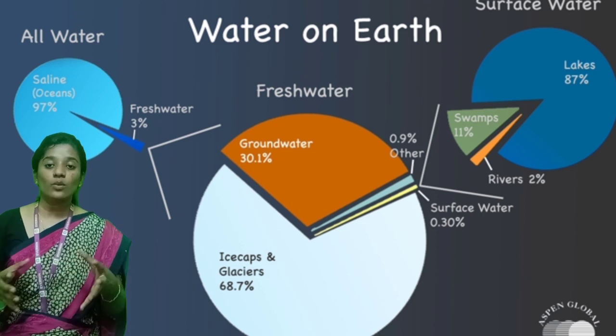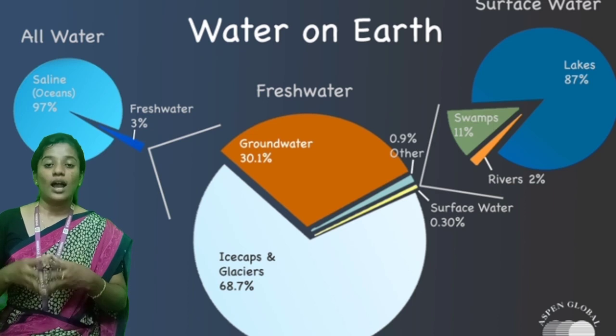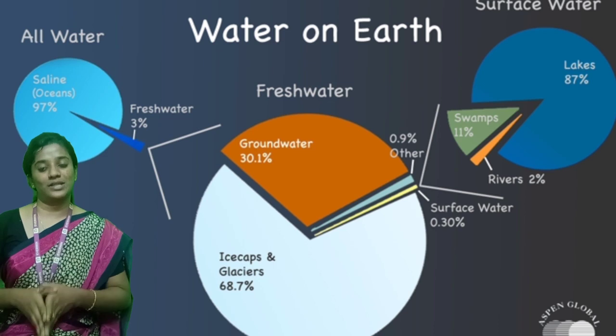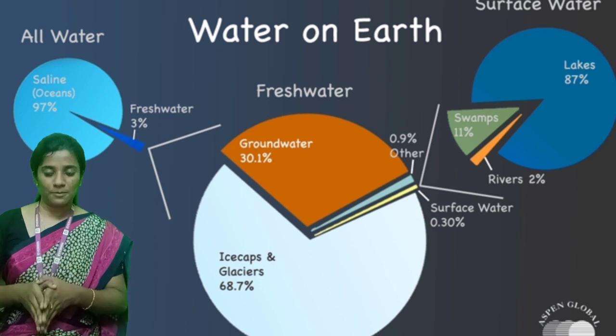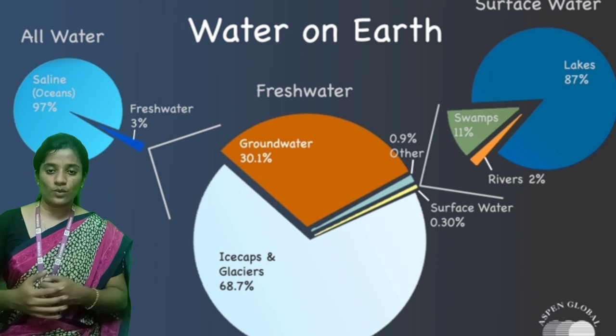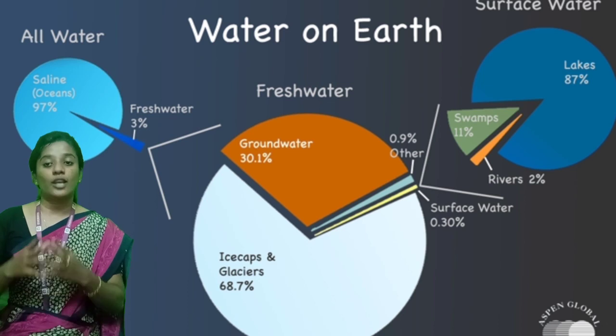Okay, the salt water constitutes about 97.2% and the fresh water is only about 2.8%. Out of this 2.8%, about 2.2% is available as surface water and the remaining 0.6% as groundwater.